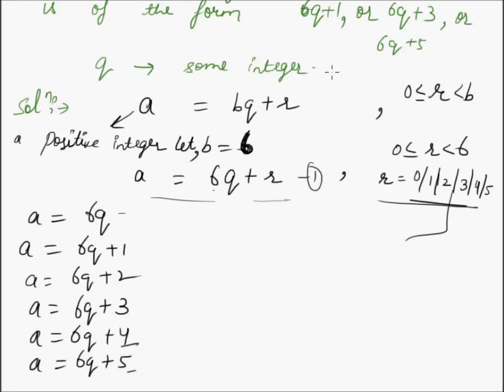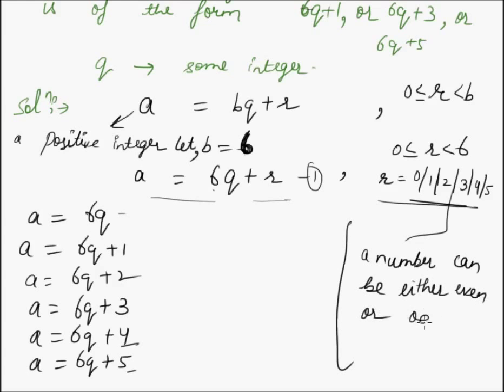Now friends, a number can be either even or odd. If a number is not even, then it will surely be odd. The even number, as we all know, has 2 in its prime factorization.